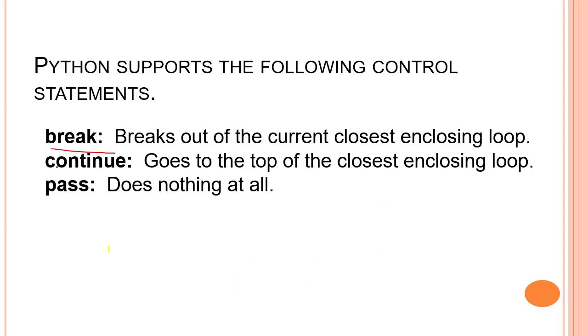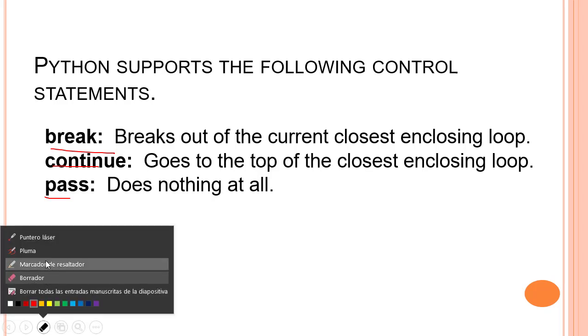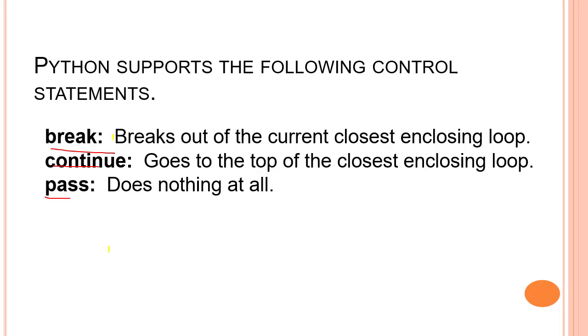Now let's look into the types of control statements. We have break, continue, and pass. The break statement breaks out of the current closest enclosing loop. What I mean by this is, taking the while loop example again, I have a while loop and inside it I have written a break statement.